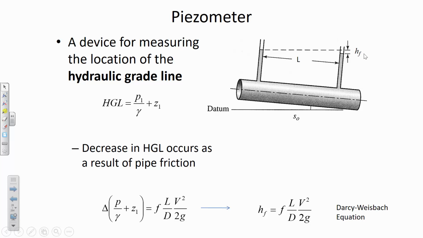That's correct. Thank you. So if we say the HGL is these two terms, the change in HGL is this head loss due to pipe friction. And the most accurate way we have to model it is the Darcy-Weisbach equation. The friction factor f, we'll spend a lot of time talking about how we calculate.